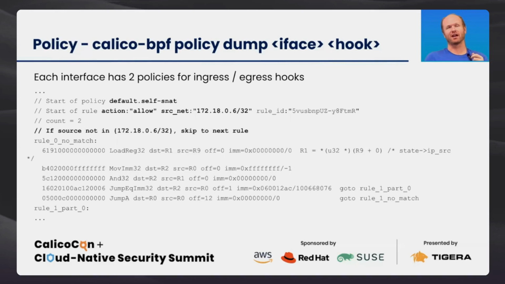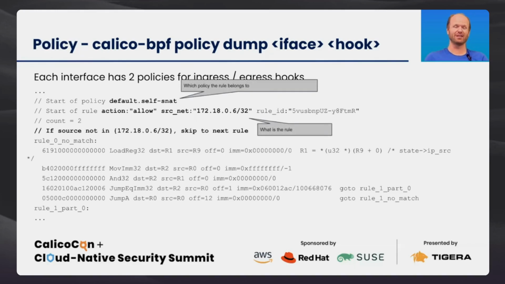With Calico BPF, you can use the policy dump command to dump policies attached to a particular interface or endpoint at a particular hook. The hook can be ingress or egress, and for host endpoints, it can also be XDP. This slide shows you a snippet of how the dump looks. It will tell you which policy is being implemented, which rule is being implemented.